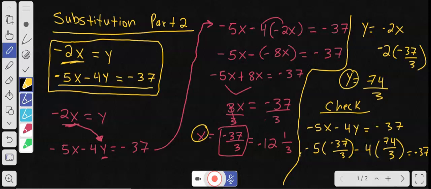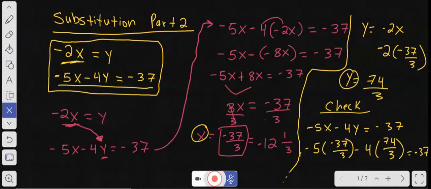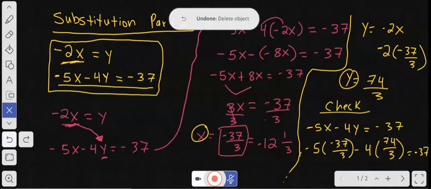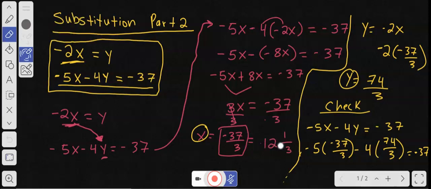So let's do this now. Negative 5, I'm going to erase some parts here so we've got more room, so you can see what I'm doing.